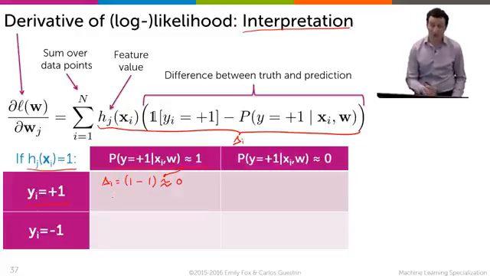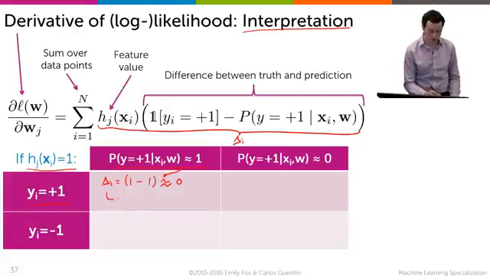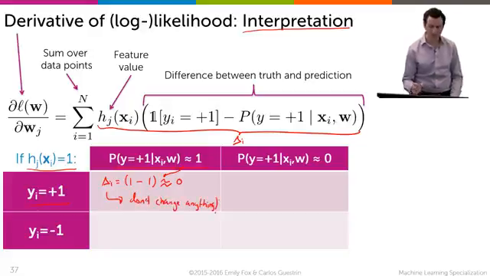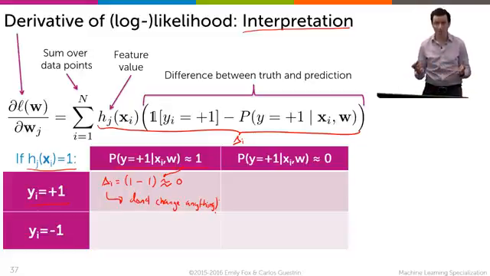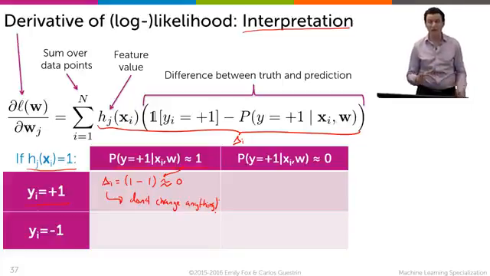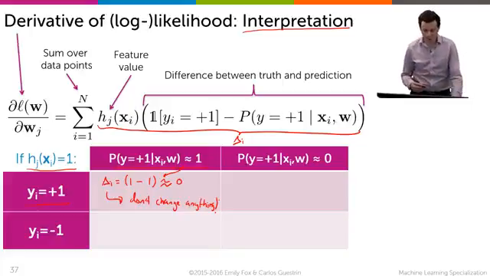In other words, the data point is positive. The model thinks it's a positive data point. So the contribution here is 0, which means don't change anything. From the perspective of this parameter, you shouldn't change anything, which makes sense. You get it right.